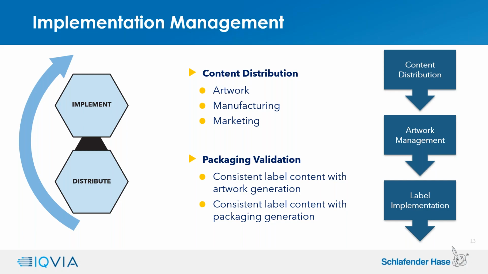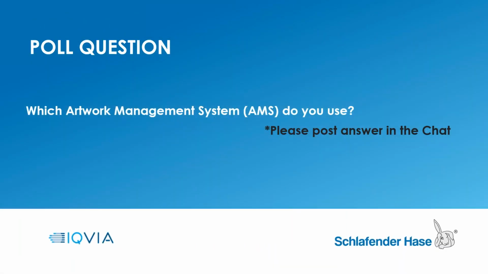Sorry. So I think, again, we have one more poll question with respect to that. And this one is not a poll that we're going to post because there's probably too many responses in terms of, if you're using an artwork management system, are you using one of the common brand names out there? There's maybe 14, 15, 16 different systems out in the marketplace.